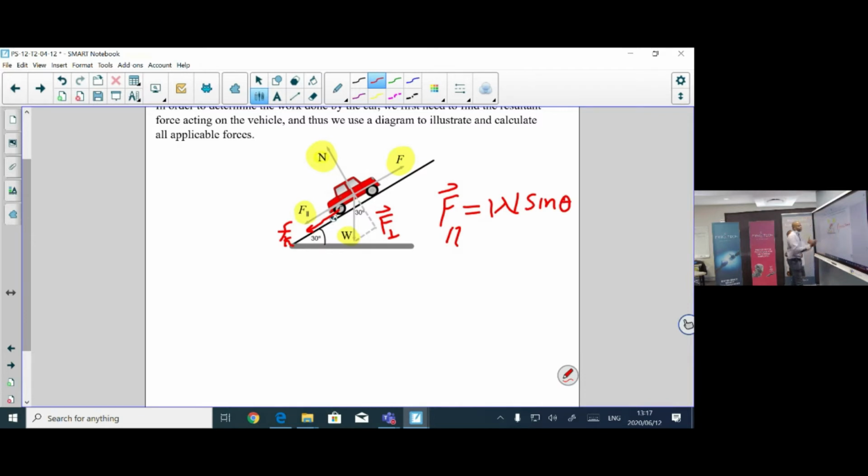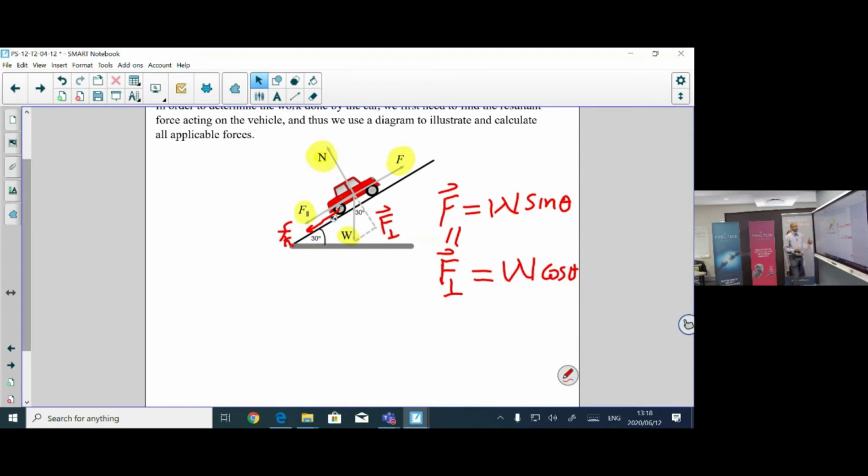The other one is F perpendicular, which is equal to W cos theta.